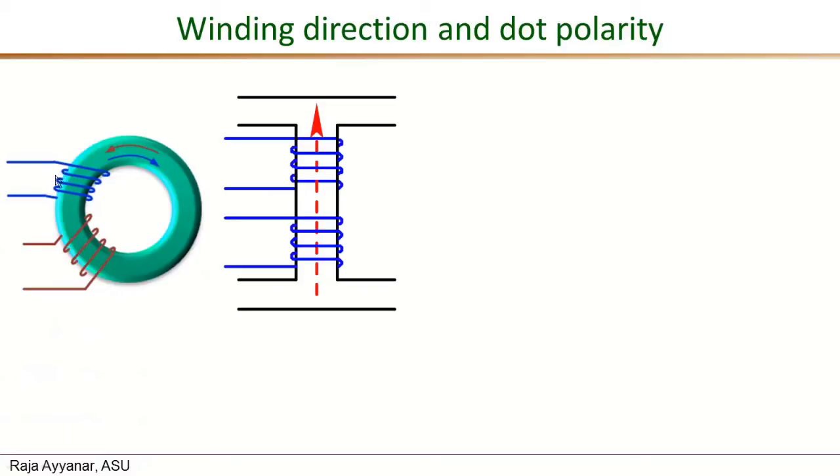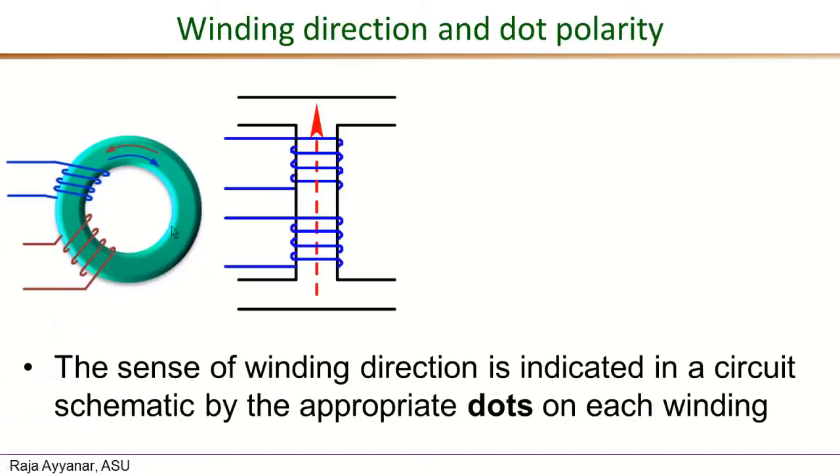In a large schematic, there is no way we can represent each magnetic component with this kind of figure. So what is done is we still need the information on the sense of winding direction. That information is given by having appropriate dots on each of the coils.